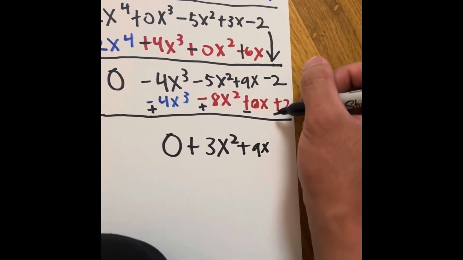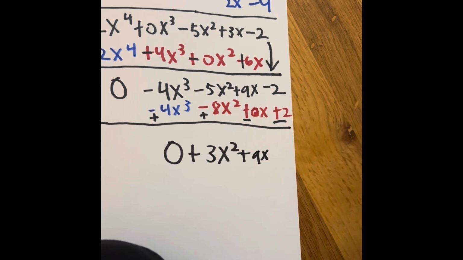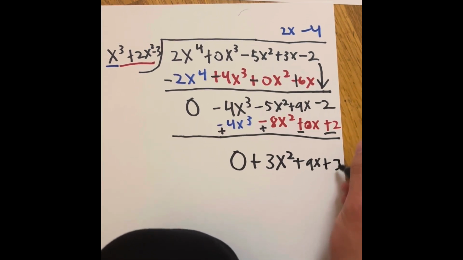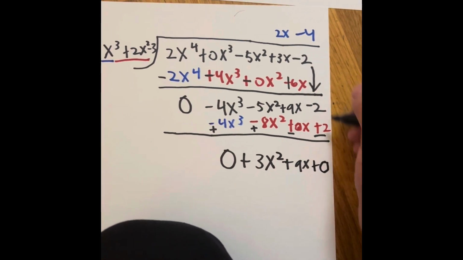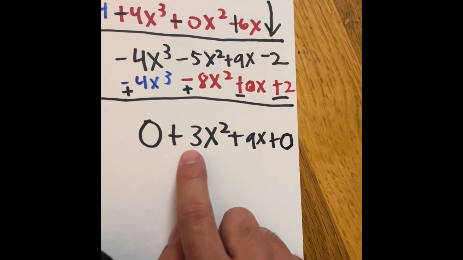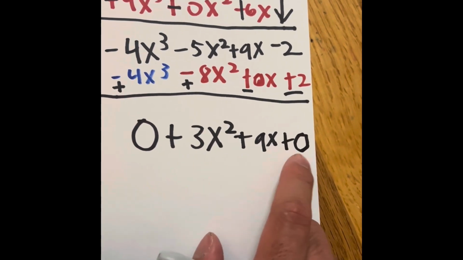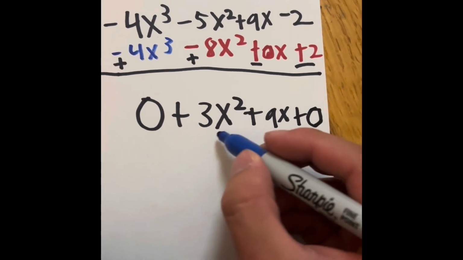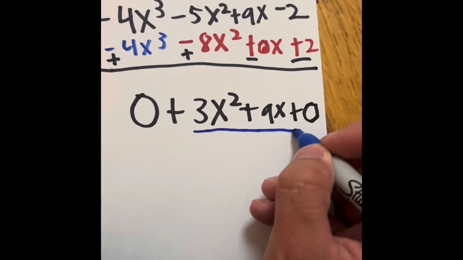And negative 2 plus 2 is going to be plus 0. So that was drained down to a neutral number, which is 0. So we have 0 plus 3x squared plus 9x plus 0. But we only need to keep the 3x squared plus 9x.